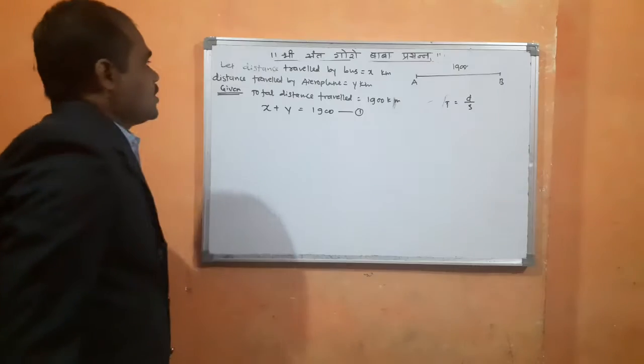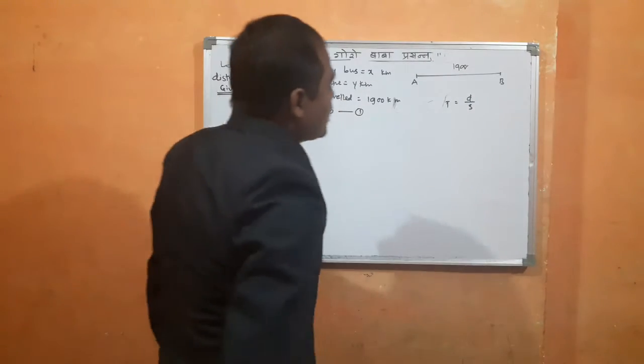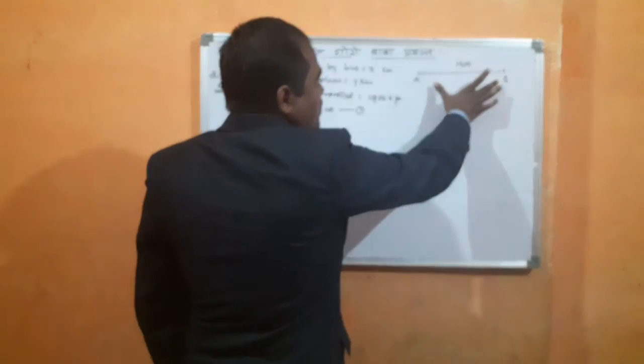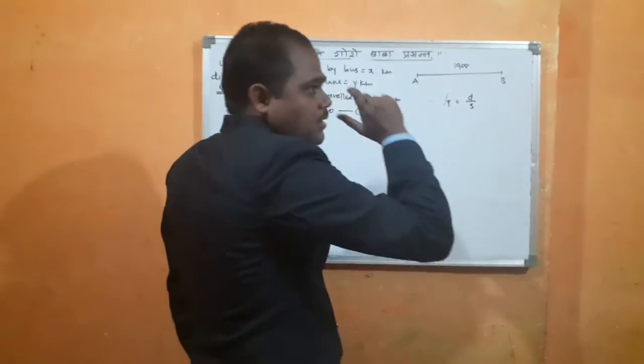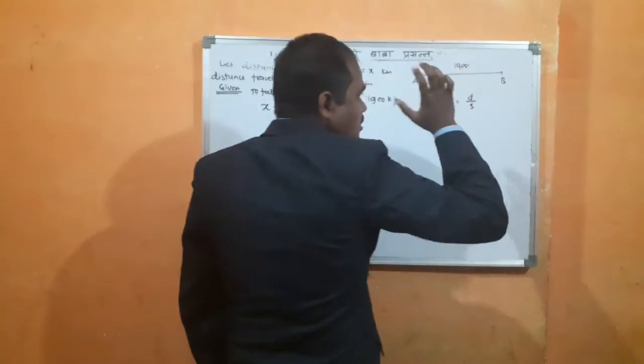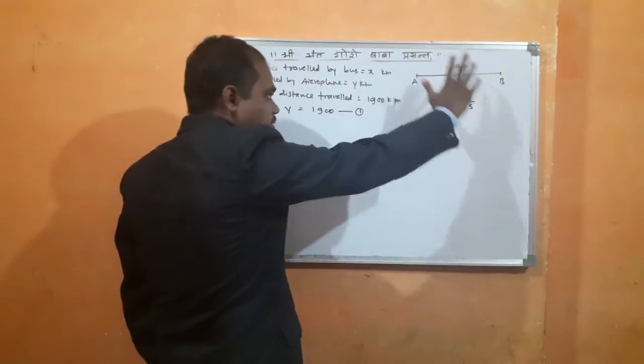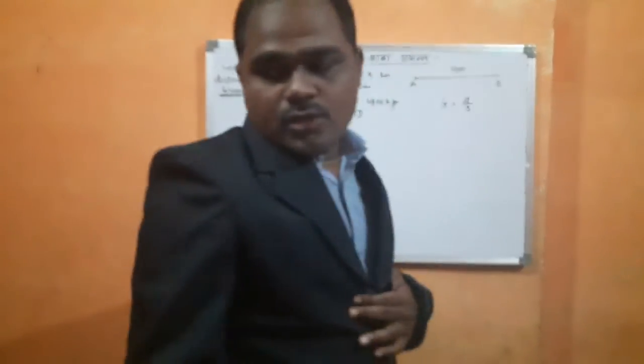So the basic consideration is, let distance traveled by bus be x kilometer and the distance traveled by aeroplane be y kilometer. In this figure we have defined distance from A to B. That means the total distance traveled by Vishal is equal to 1900 kilometers.